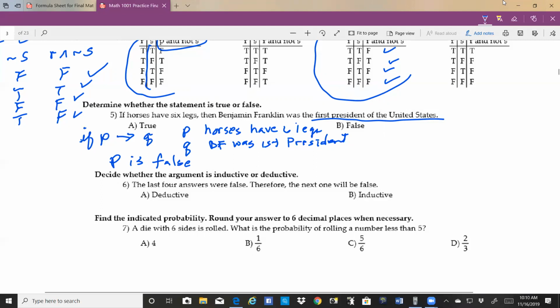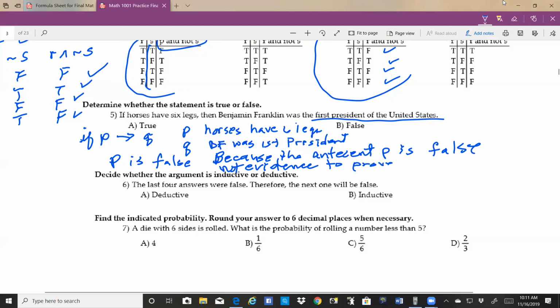We don't have enough because the antecedent P is false. There's not enough evidence to prove that Q is false. So we assume it's true.